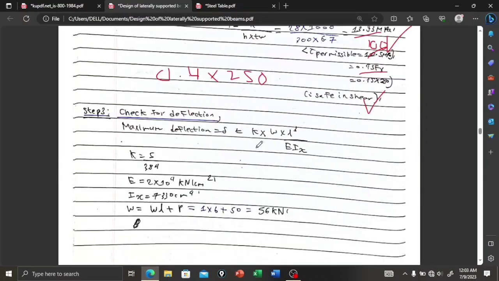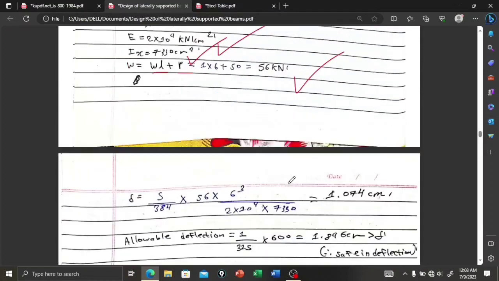In deflection, delta is K into W into L cube by E Ix. K is 5 by 384 in this case, and E is 2 into 10 power 4 kilonewton per centimeter square. Ix is 7330 centimeter 4. So W is total load WL plus P, 356 kilonewton.